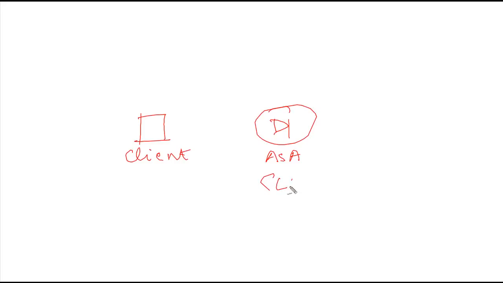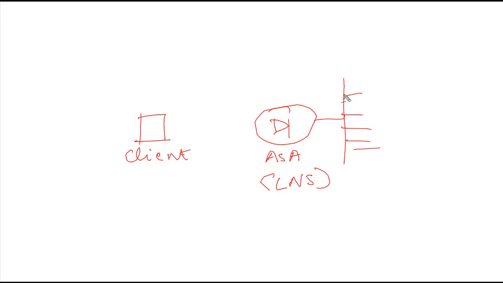With L2TP over IPSEC, it's a little different. In L2TP over IPSEC, we have the client here, and we have the ASA, which is going to be acting as the L2TP network server, and we have the protected network here.